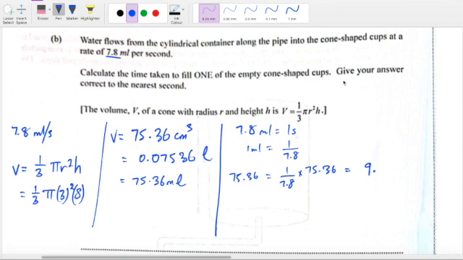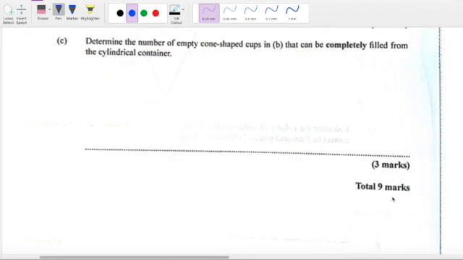Calculate, give me your answer correct to the nearest second. Well, the nearest second, 9.66 seconds. The nearest second will be 10 seconds.